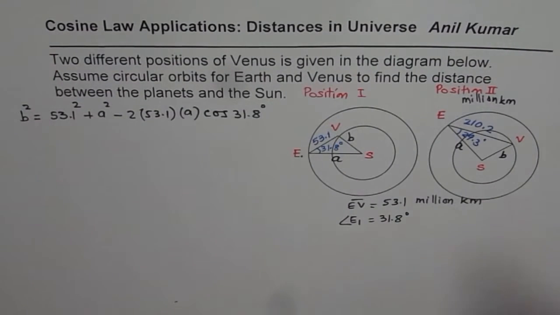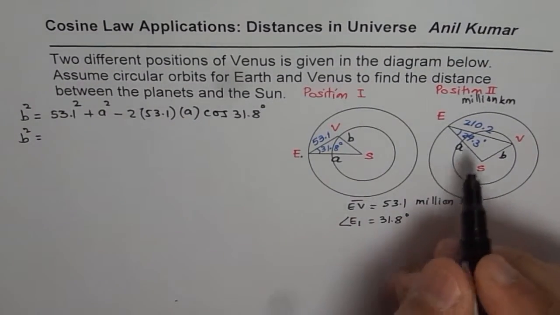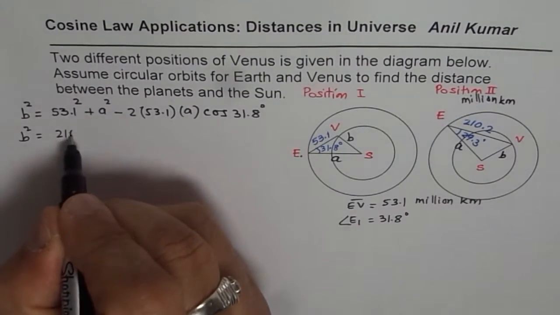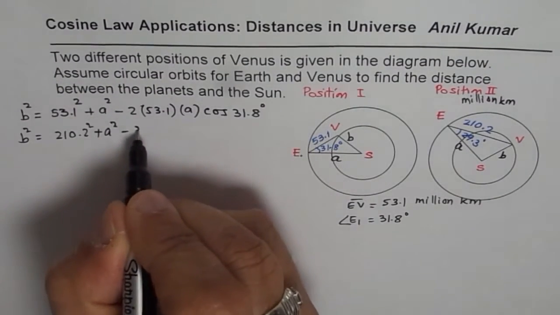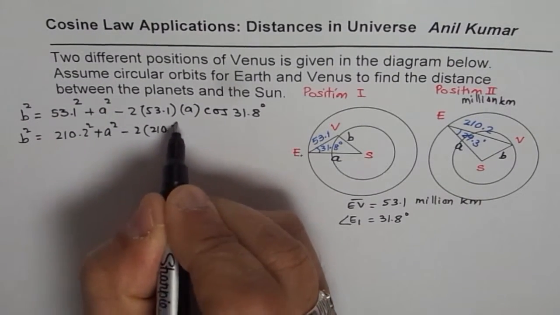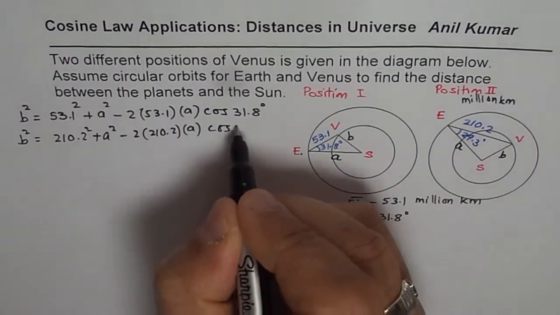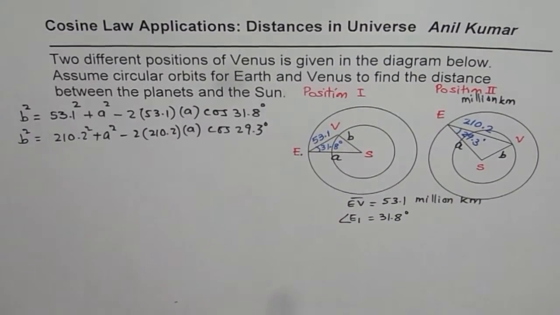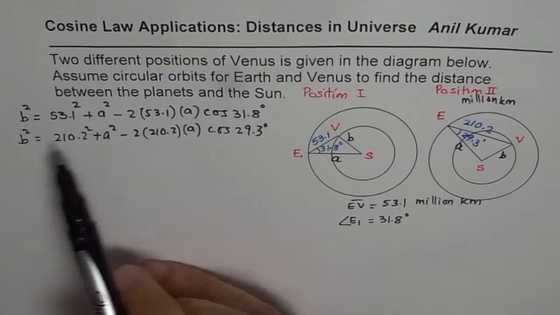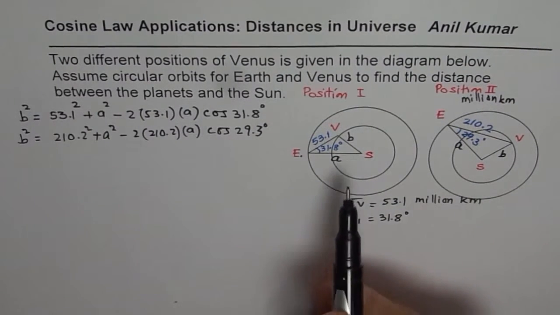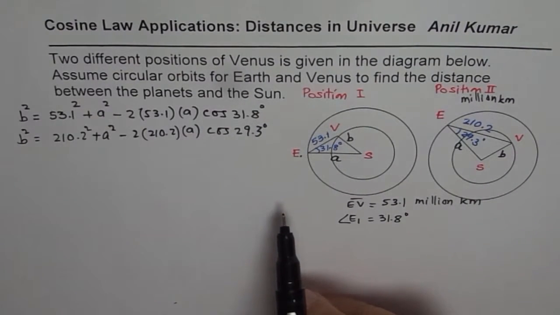Using cosine law in position 2, we get B square equal to 210.2 square plus A square minus 2 times 210.2 times A times cosine of 29.3 degrees. Right. So we have two different equations with just two variables, so you can always solve for both. That will give you the distances, so that is how you can get to the answer.